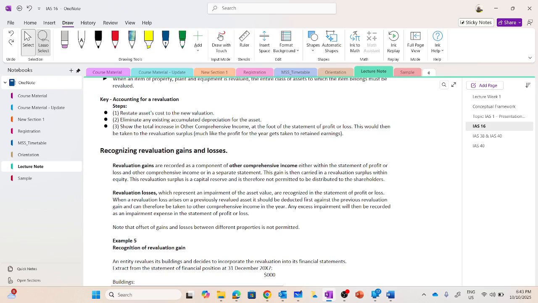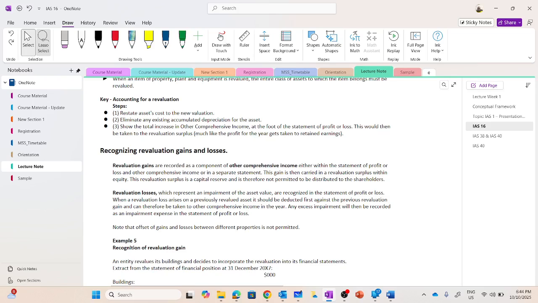Our revaluation reserve gain is showing 10,000. Our current loss is showing 15,000. So we are going to recognize the revaluation loss first against the revaluation gain, and if any remains, then automatically we recognize it as an expense in the statement of profit or loss, as impairment.